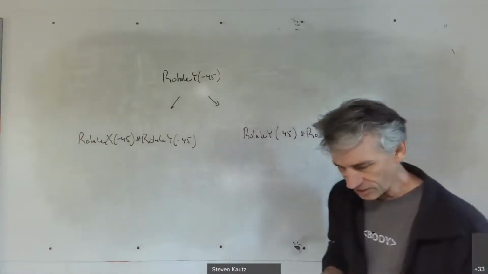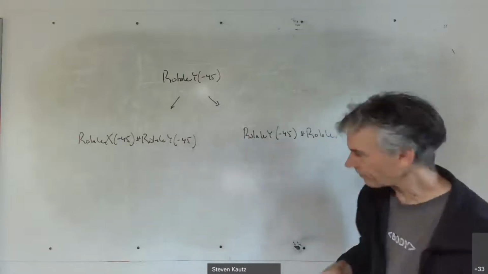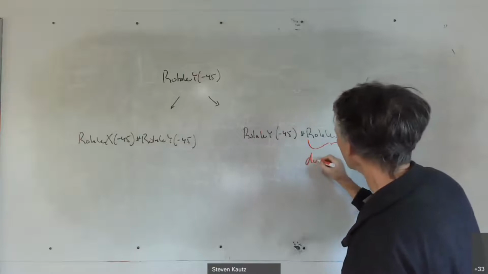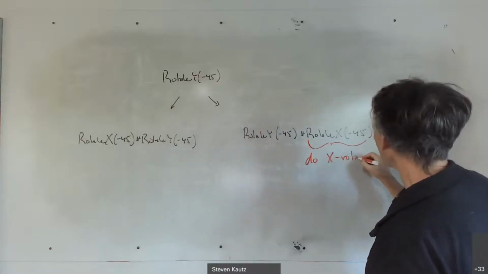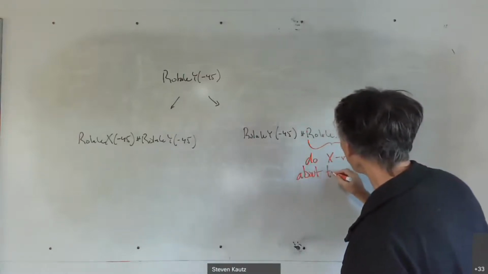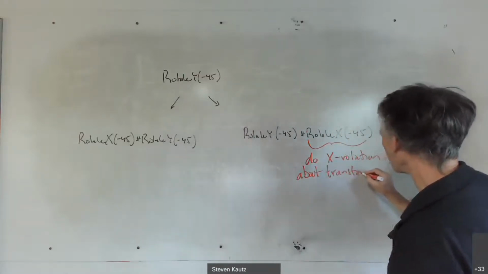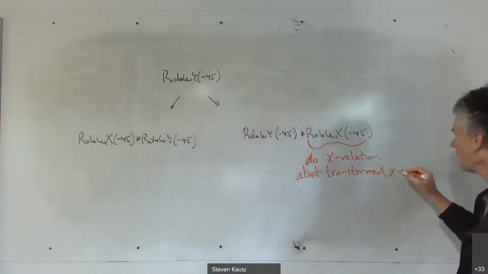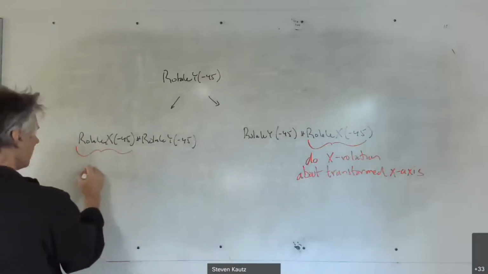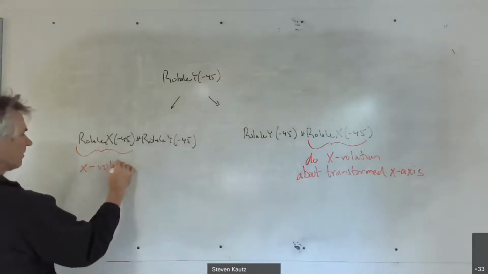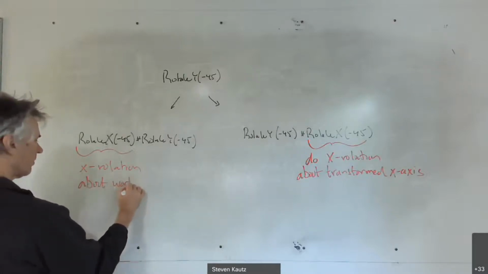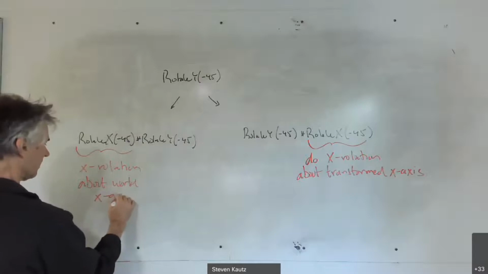And the distinction is that this is going to do the x rotation about the transformed x-axis. And this one is going to do the x rotation about the world x-axis.